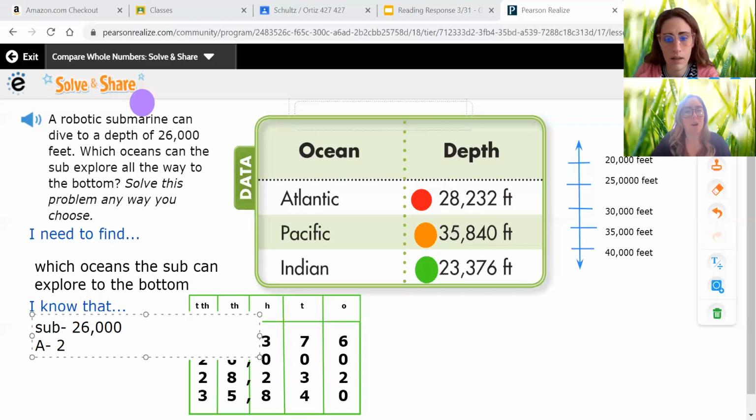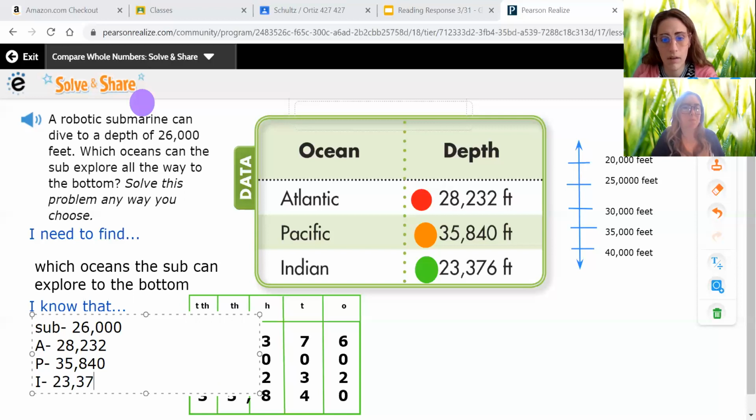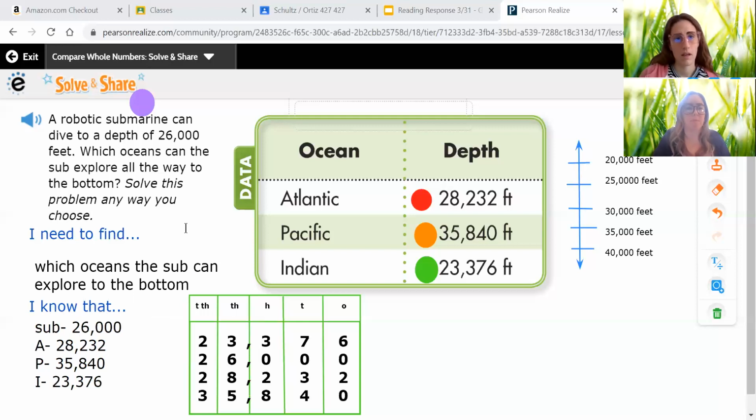The Pacific Ocean has a depth of 35,840 feet. And the Indian Ocean has a depth of 23,376 feet. I know that I can also use place value to help me compare how far my submarine can dive to the depths of the oceans they tell me.